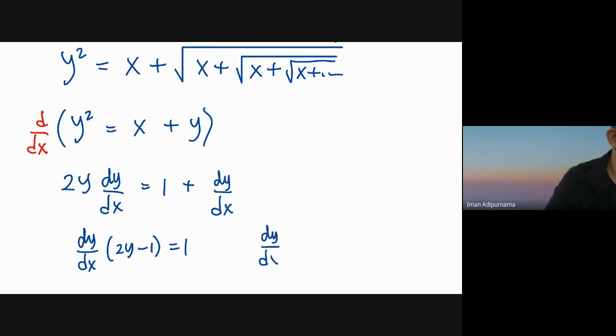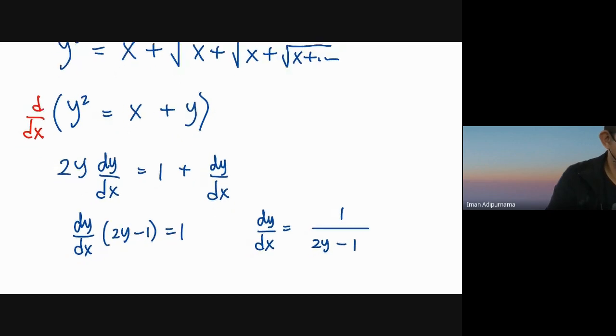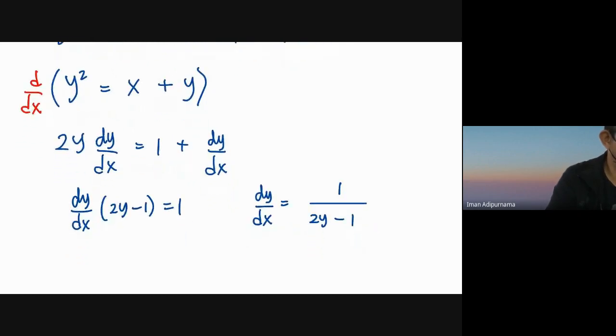So dy dx is equal to 1 over 2y minus 1. Usually, for the answer in implicit differentiation, if you have the y inside and you know the equation of y, sometimes we need to exchange that back to the original equation.